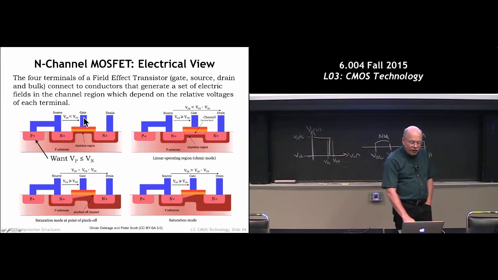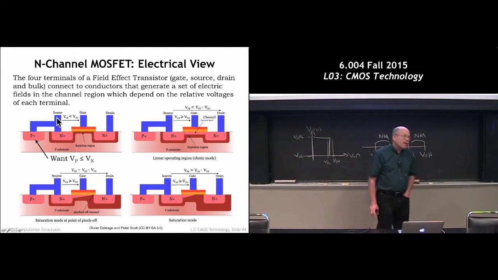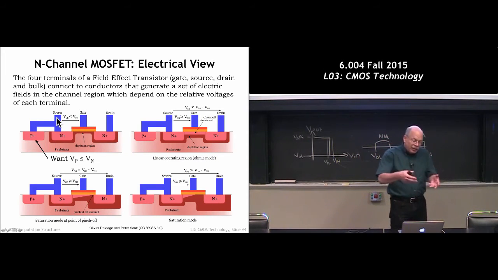So here's a cross section of the device. The critical voltage that we want to consider here, the thing that changes how the device operates, has to do with the relative voltage of the gate node, that red wire, to the source terminal. When that's below, in the case of this N-channel MOSFET, about half a volt, the switch is off, it's not conducting.